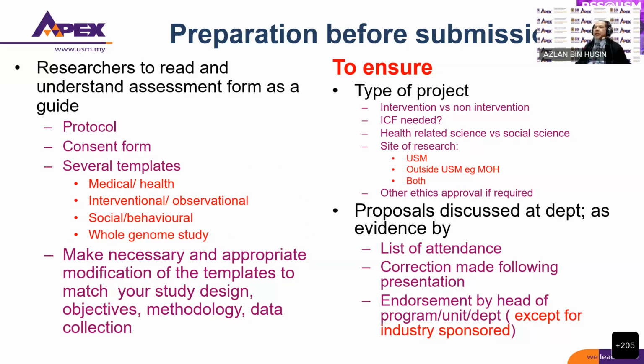Remember, the template requires necessary and appropriate modification to suit your study, not just copying wholly and using it without modification. This is to ensure that the type of project is appropriately chosen, especially in human research, whether it is interventional or non-interventional, observational, whether an informed consent form is required, and whether you are doing health science research or social research.